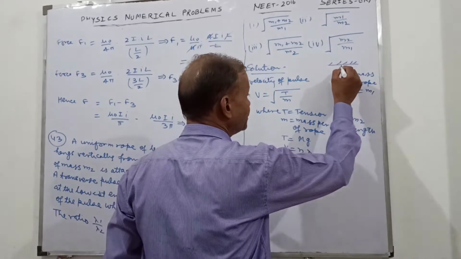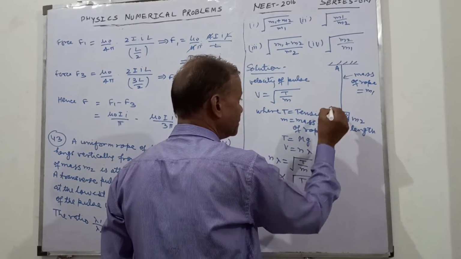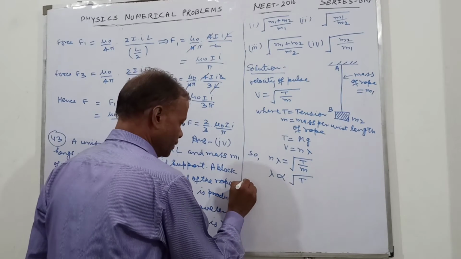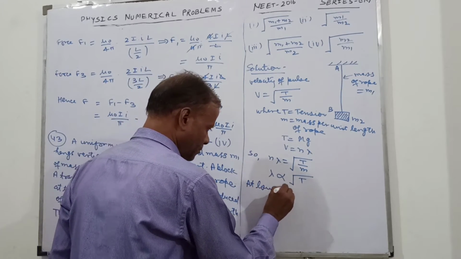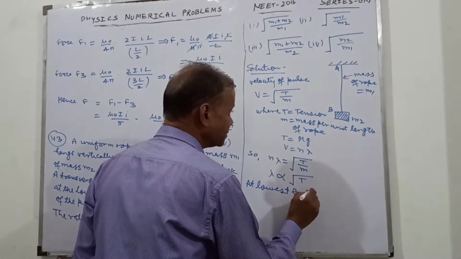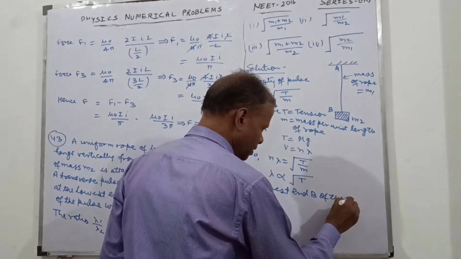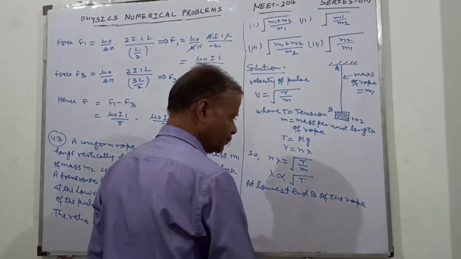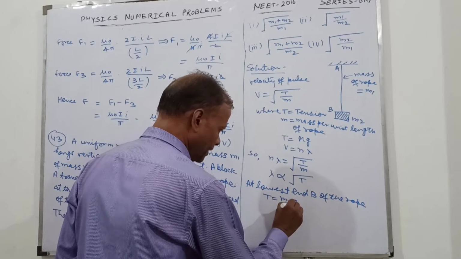Suppose this is point A and this is point B. At the lowest end B of the rope, T equals m2 g.